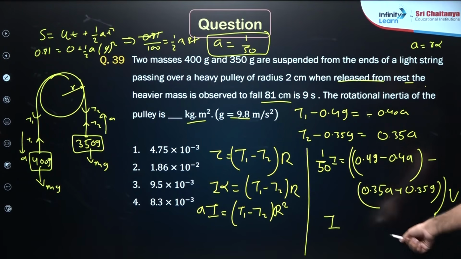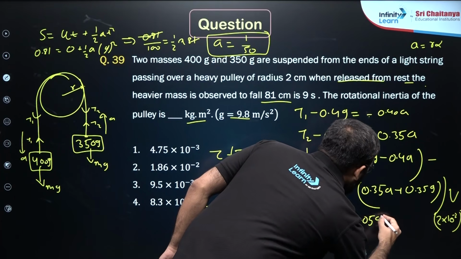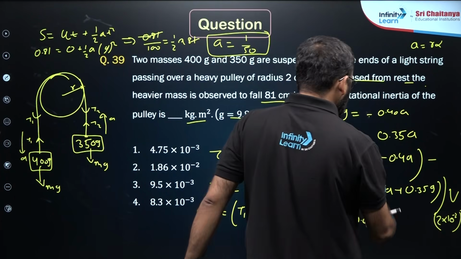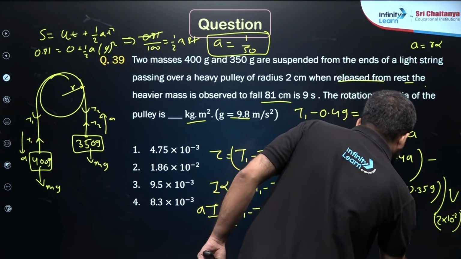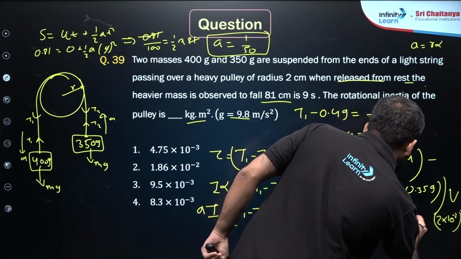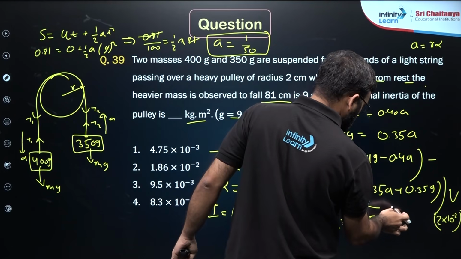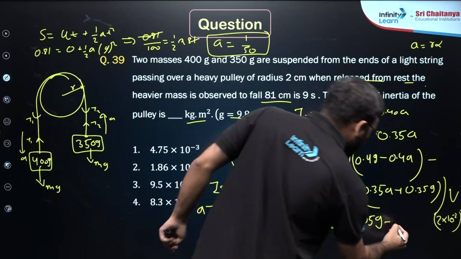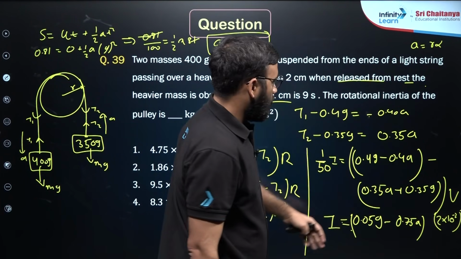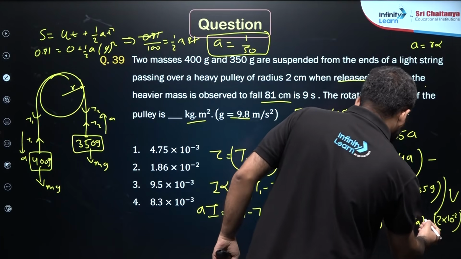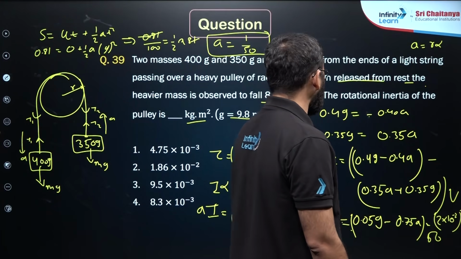0.4 g minus 0.05 g, okay beta, plus 40 plus 35, that is 75, so 0.75 a, and the radius is this one, again I have here into 50. So you can put the a value and the g value and just solve this one.